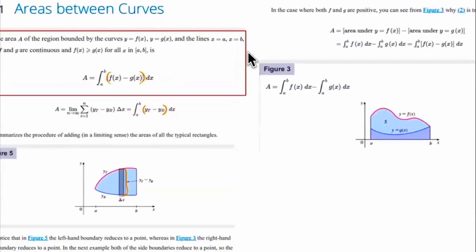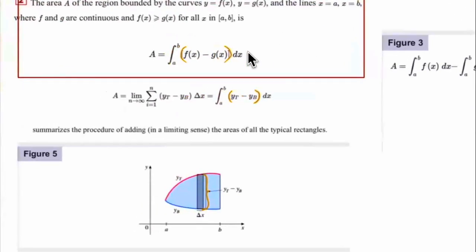The formula for this is the integral of y on top, subtract y at the bottom. That corresponds to the height of this rectangle.